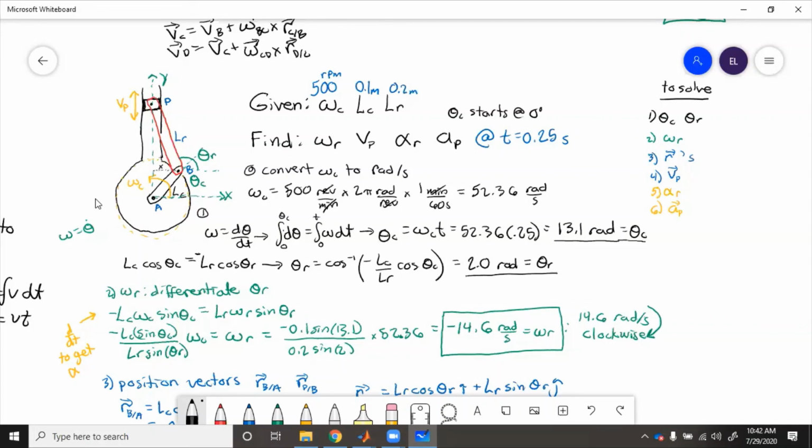And then once we had that, we took derivatives to get angular velocity, and then the derivative of that again to get angular acceleration. For the linear velocity of the piston, then we use the general planar motion formulas for that and also for its linear acceleration.